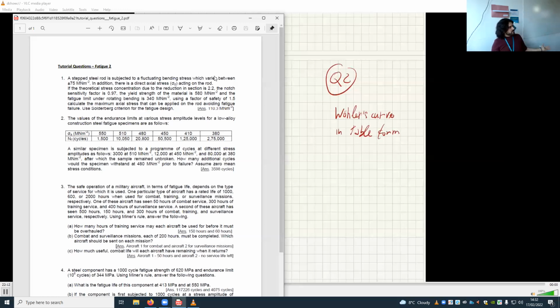So we have another specimen completely independent from the first one, which is subjected to a program of cycles at different stress amplitudes as follows.